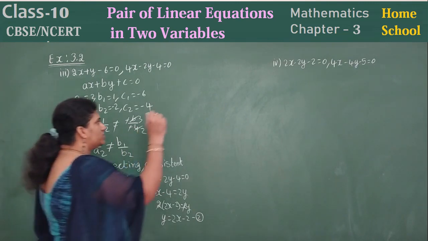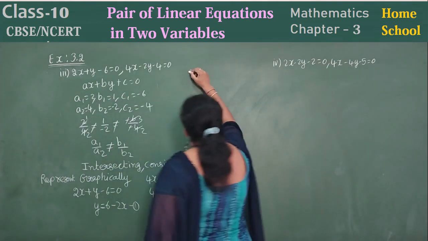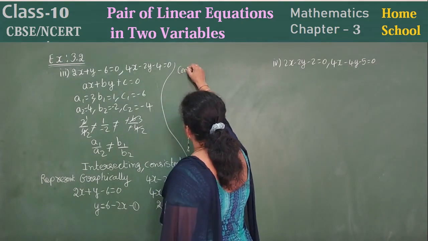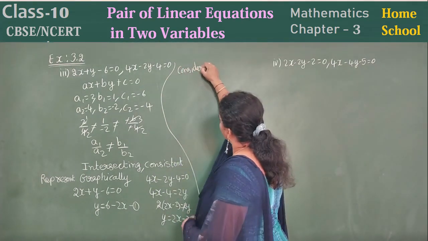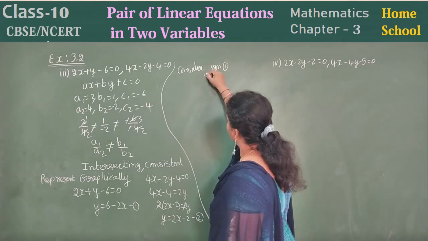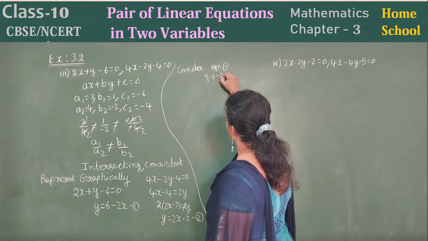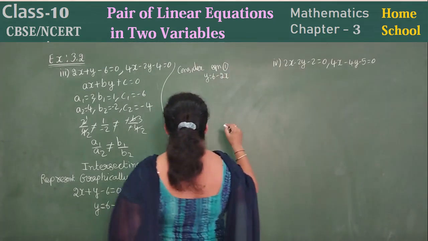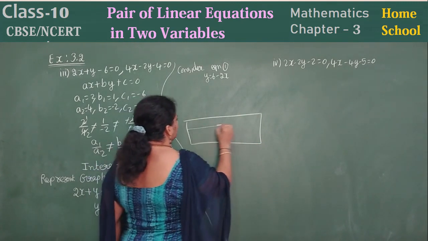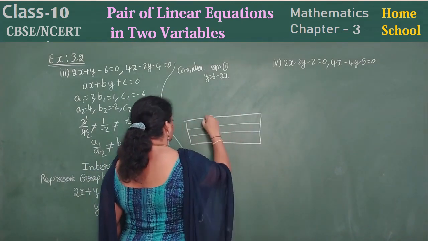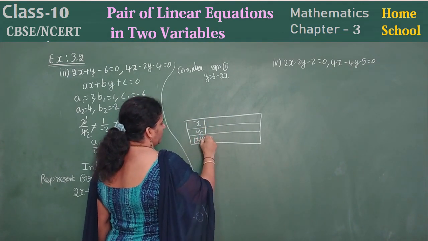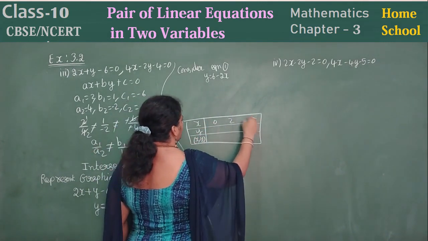Okay, let's do it graphically here. Consider equation 1, that is y is equal to 6 minus 2x. Take the table here: x, y, x comma y. 0, 2, 4.